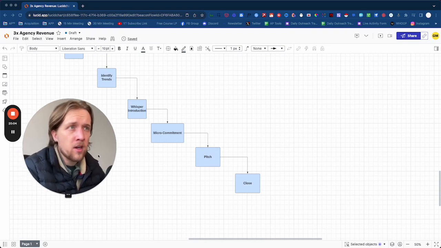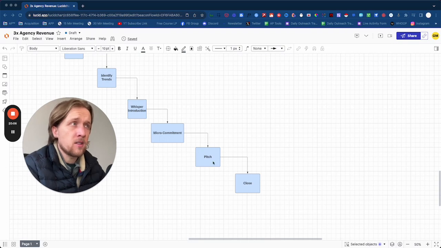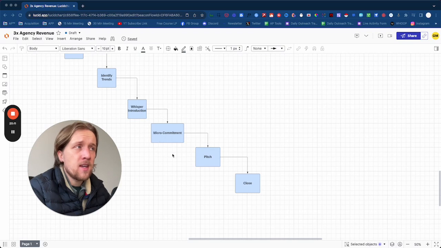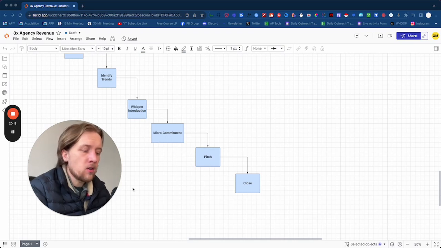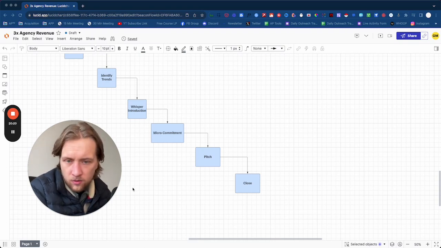Okay. So you've already got their micro commitment, which is going to make it a lot easier to go into the pitch. Once you've got their micro commitment, you want to get a date and a time set in stone. Say to them, look, great. Is there a time coming up that works for us to share this with you? How does Tuesday or Thursday, 4 p.m. next week sound?